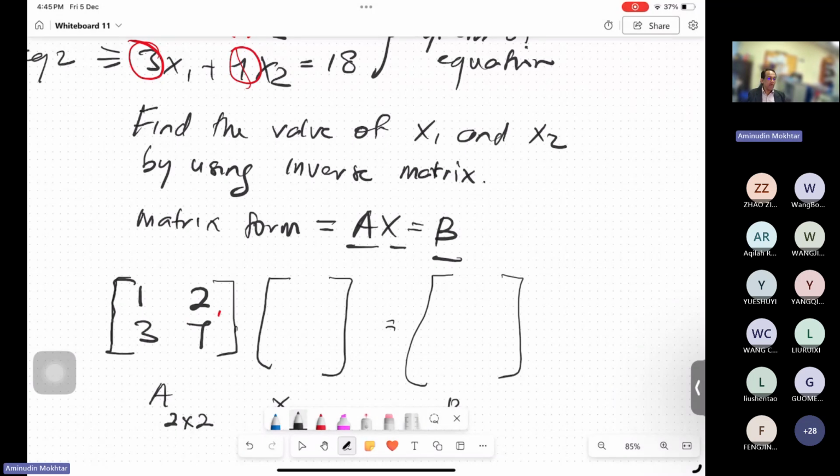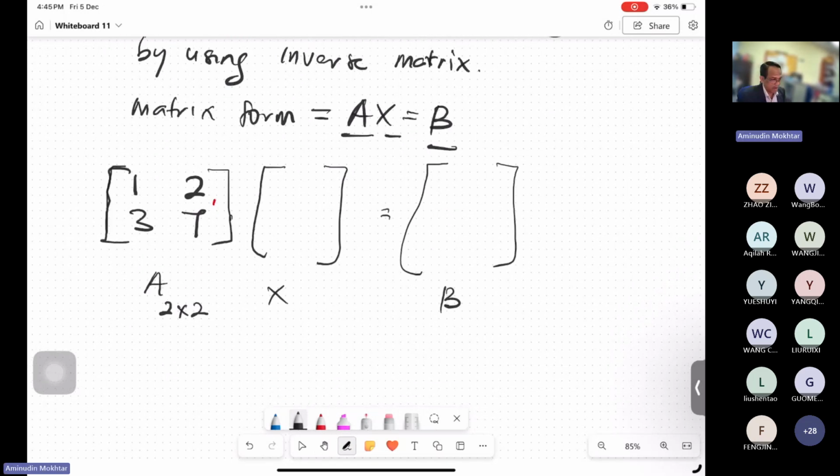This is the value of the elements of matrix A. The first row represents the first equation, the second row represents the second equation. The first column refers to the first variable x1, the second column refers to the second variable x2. Okay, that is A.